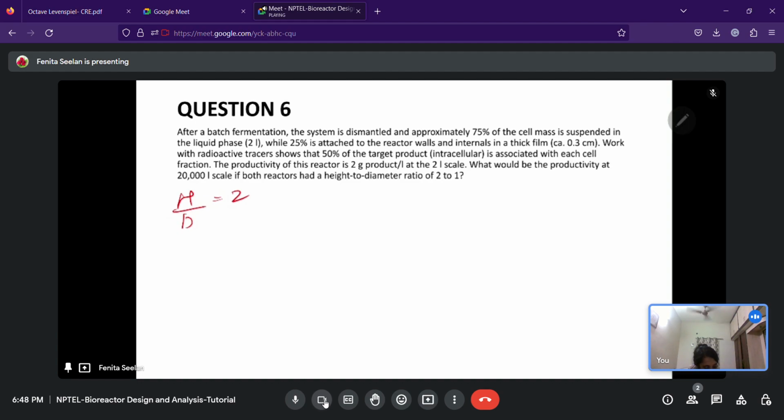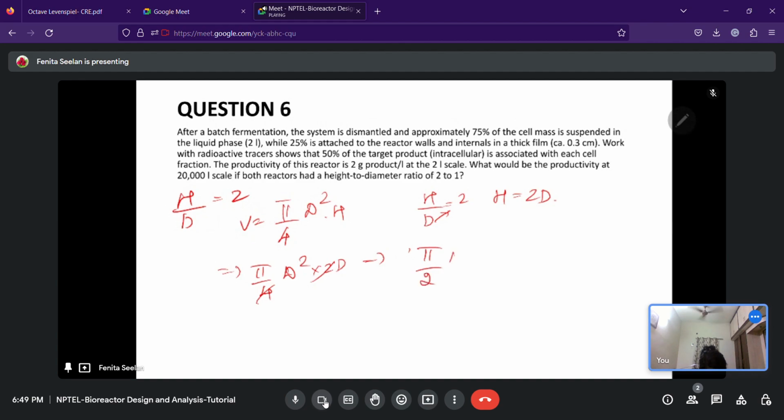So how do we start with that? The volume of the reactor would be pi by 4 d square into h. So from your h by d, h is equal to 2d. So it is pi by 4 d square into 2d. That would be pi by 2 d cube, correct?